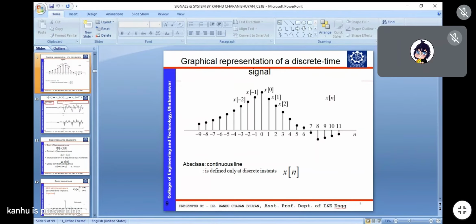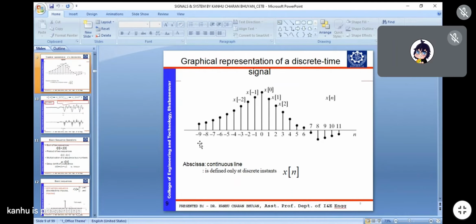Then ask me, at n equal to 8, what is its value? Please confirm, everybody, it is very important: what is the value of x0? At n equal to 0, it is a particular value, maybe 5, 6, 7, but it gives some value.